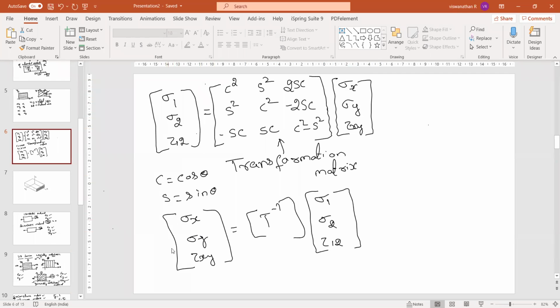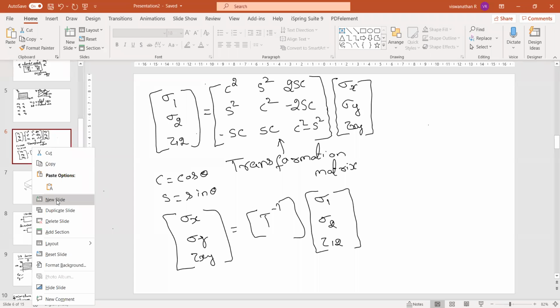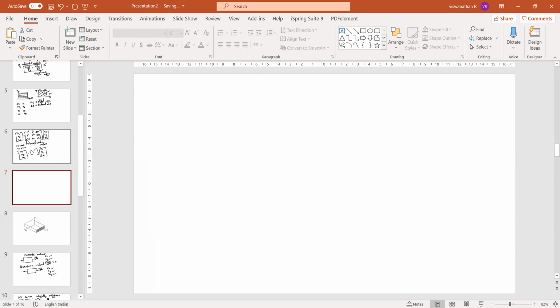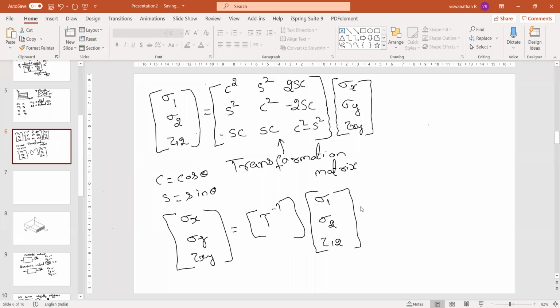Suppose you have the global stresses on the left side; then this will be the inverse transformation matrix, which you multiply with the local stresses. Is this clear?